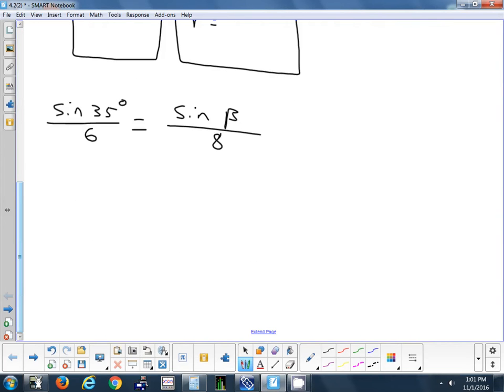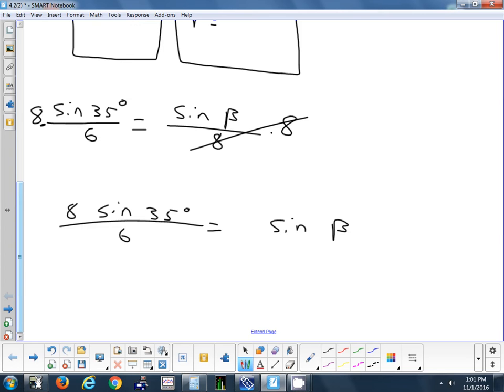Because the variable is in the top, all I really have to do is multiply by 8 on both sides. If you want to cross multiply, you can, but you don't need to be that complicated with this problem. So 8 sine 35 over 6 equals sine beta.